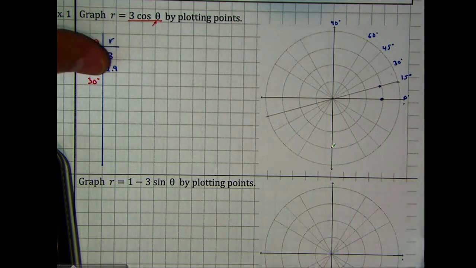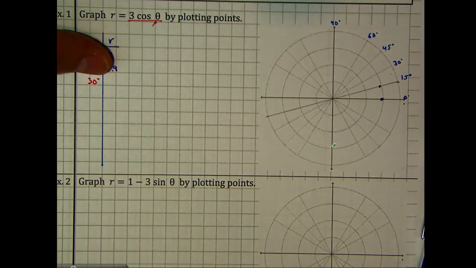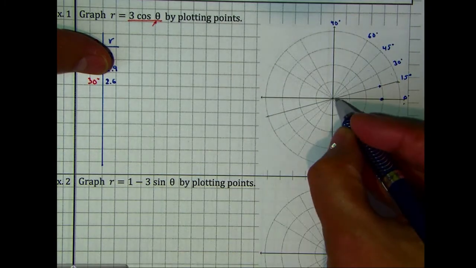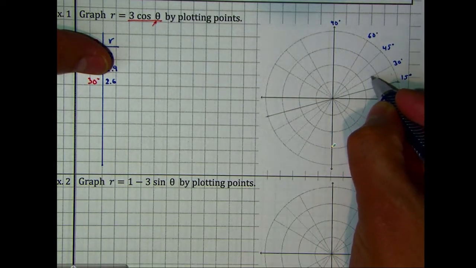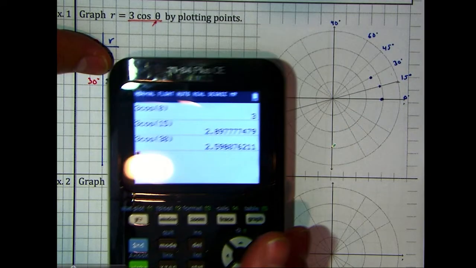And now 30 degrees, I'm just going to type in 3 cosine of 30 degrees. That'll be 2.6. And that's all we're doing today. So at 30 degrees will be 2.5, 2.6. And then afterwards, we're just going to connect them.